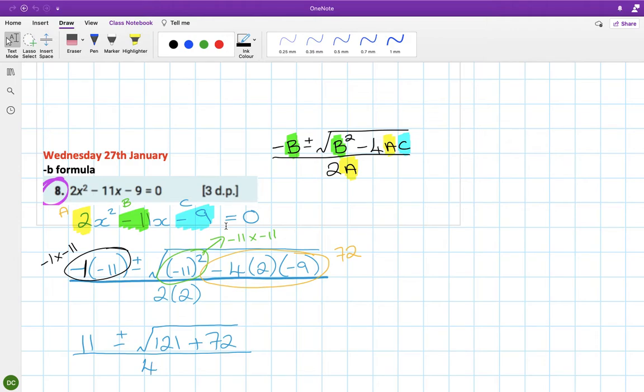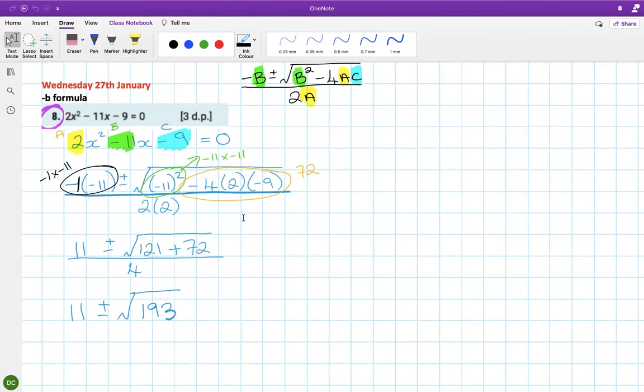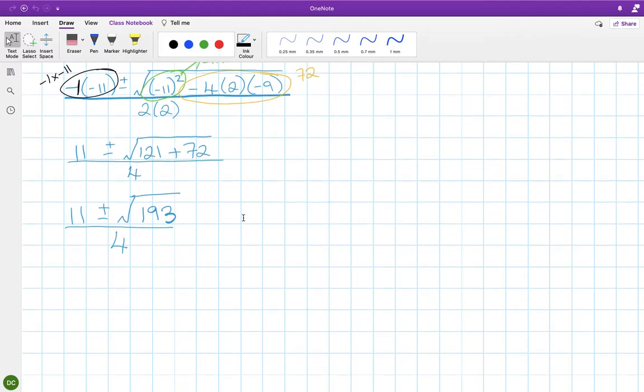Okay, so one line before we split up, which is just to sort out that square root. So 11 plus or minus the square root of 121 plus 72, which is the square root of 193, and that is over 4. Okay, so I'm going to split up now.